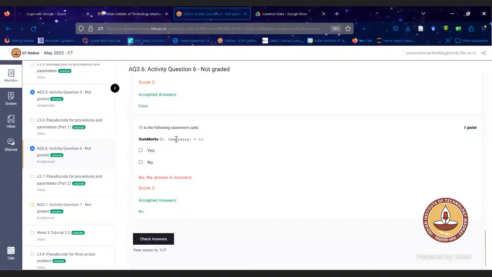Understood? This is a procedure, so when you call it, it will give you some value, some summation it will do and return it to you. You cannot provide this equals to 10. This is not a variable. You can store the value returned by this procedure into a variable, but you cannot assign a value to a procedure. Yes, sir. Clear, sir.